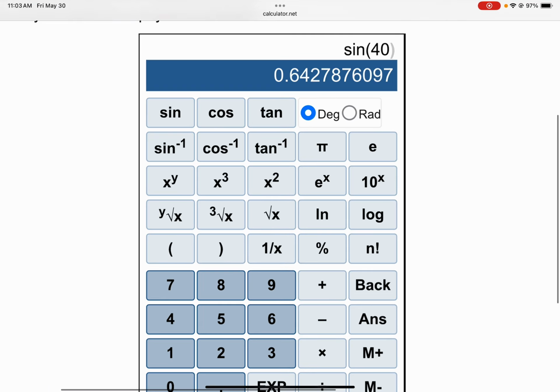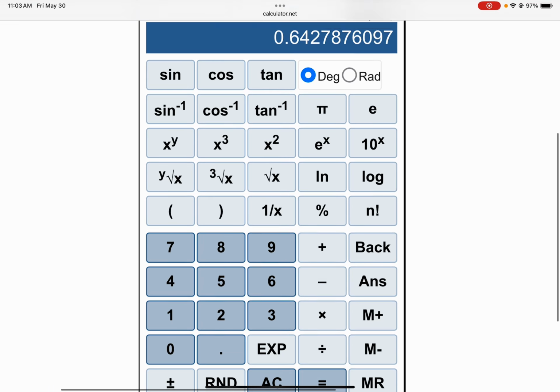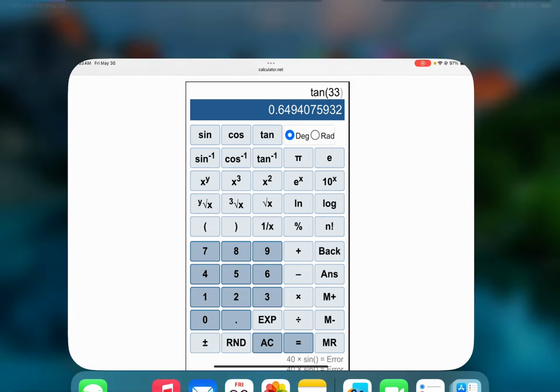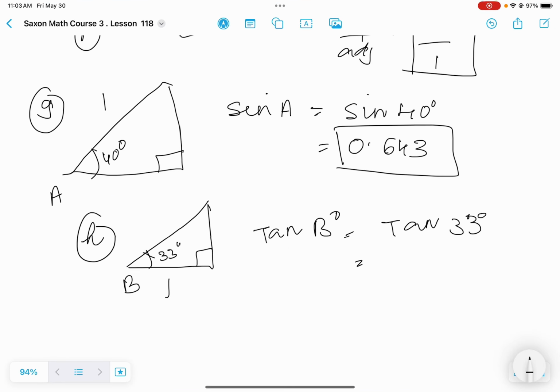Let's clear this. Tan of 33 is 0.649. We are taking it to the thousandths decimal. So 0.649 is your answer.